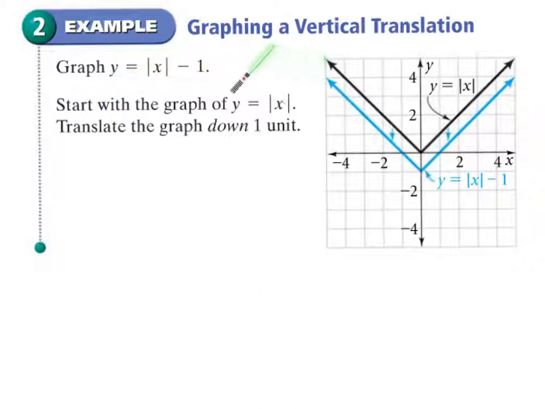So you would start with your original parent function, your parent graph, which is indicated here in black. And because there's a minus 1 at the end, your graph is going to go down 1 unit.